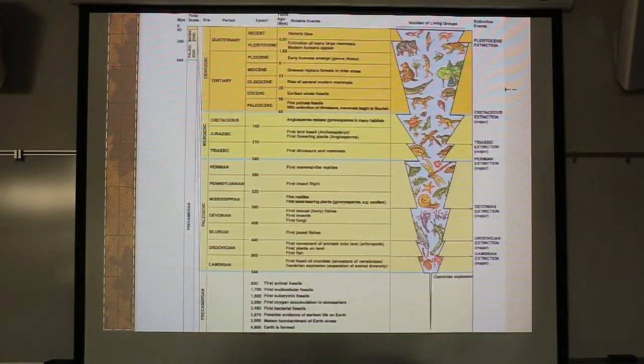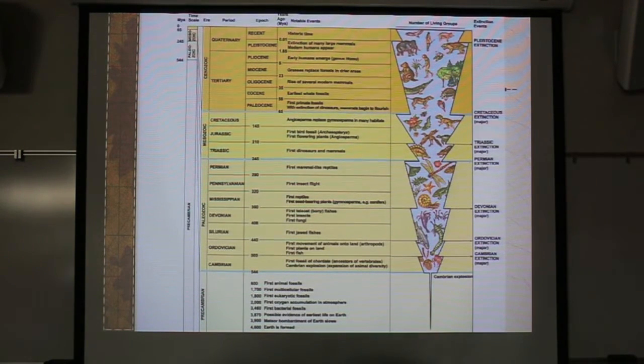And by comparing fossils of organisms found at different time periods, and comparing how similar or dissimilar certain organisms are, we have come up with what we call the geological time scale, which gives you an idea of when certain events happened.